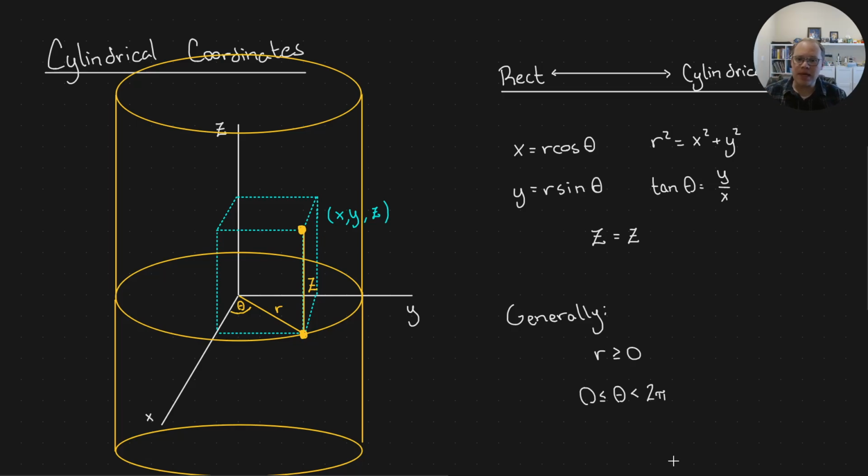And then, of course, z could be anything because we want to go anywhere up or down on this cylinder. This point lies on the edge of this cylinder, right there. That's the idea of cylindrical coordinates.